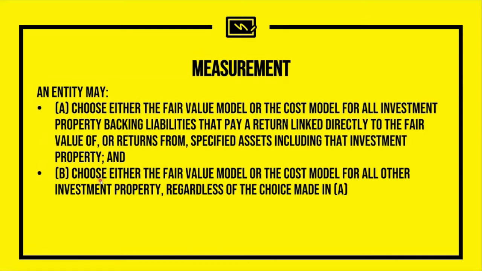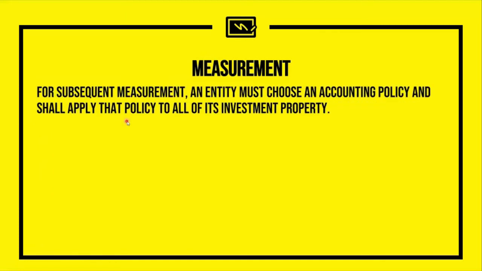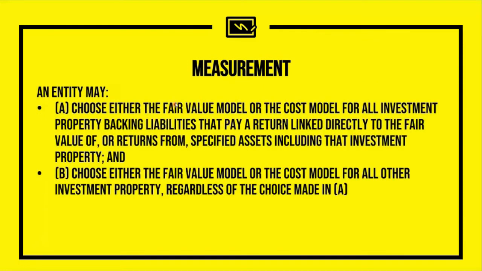However, letter B, you can choose either the fair value model or cost model for all other investment property regardless of the choice made in letter A. Okay? So what do we mean by that? It simply means that although the standard stated that the policy should be applied to all of its investment property, there is also a requirement by the standard to classify your investment property as to letter A and letter B. So this means that it is possible that an entity will have two classes of investment property.